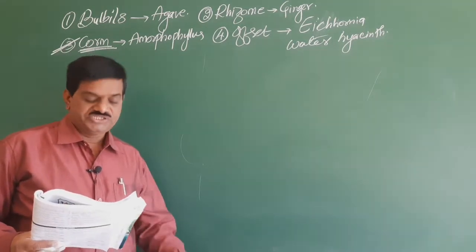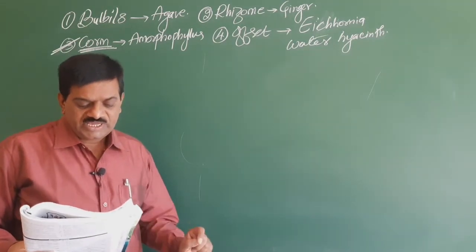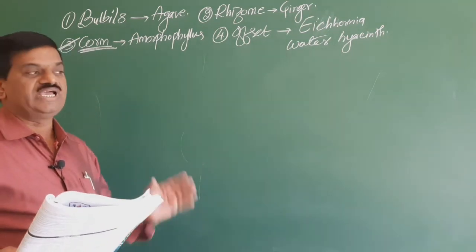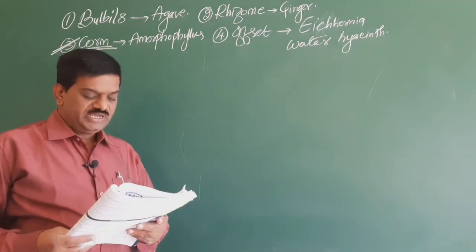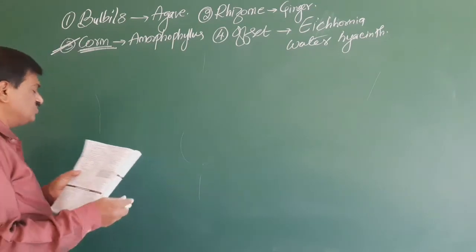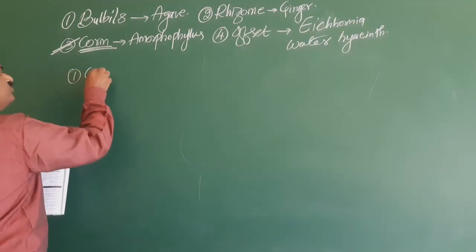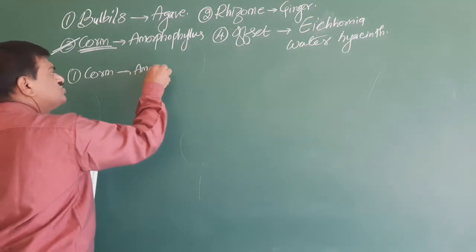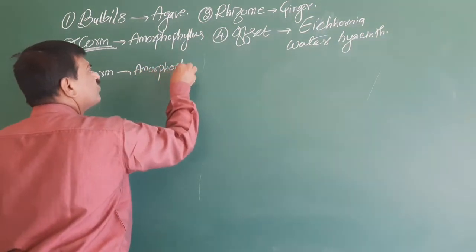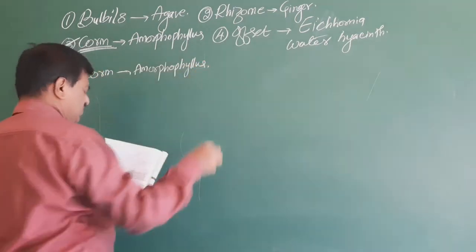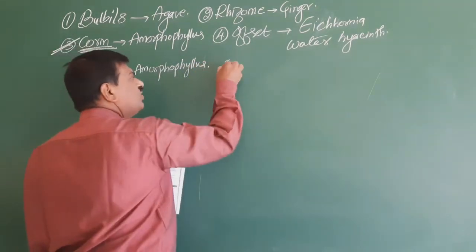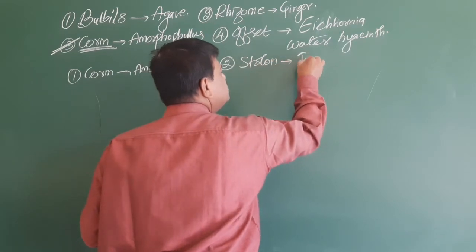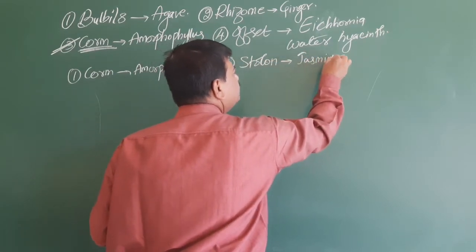Next question, 36. A rhizome which grows vertically upwards. So the first option is again corm. Corm is Amorphophallus. The second one is stolon. This stolon can be seen in jasmine and mint.